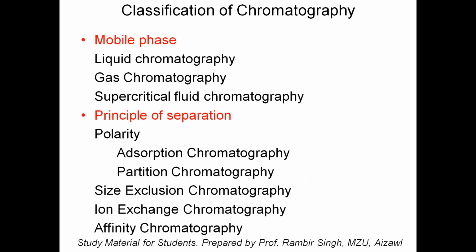Later, by changing the concentration of the buffer, I can easily take out the protein of my interest, so I can concentrate and purify the biomolecule of interest. So far we have discussed two classifications: one based on the mobile phase, and another based on principle. I hope you are able to understand it clearly.